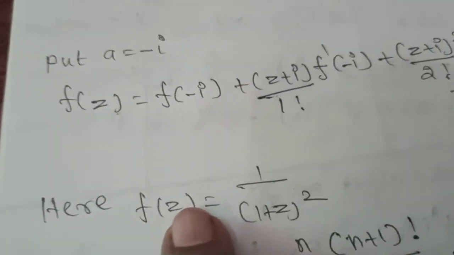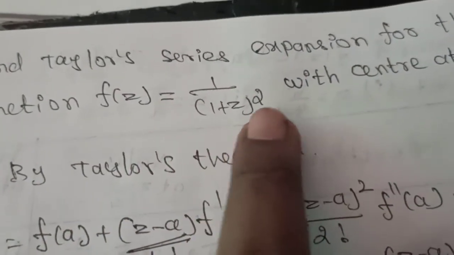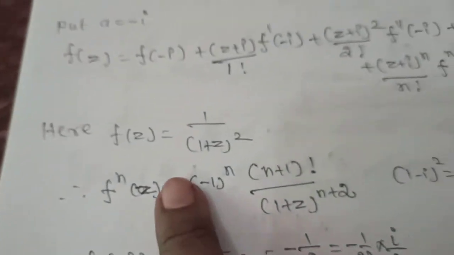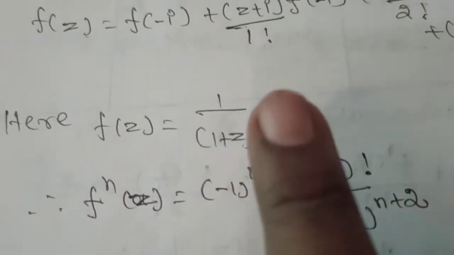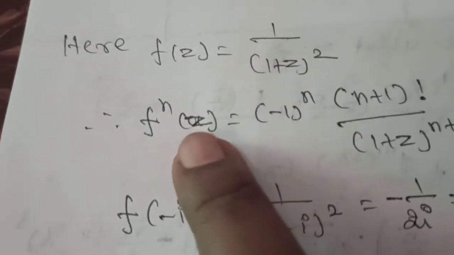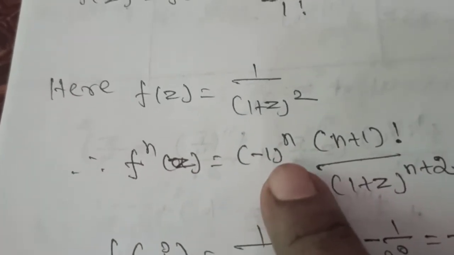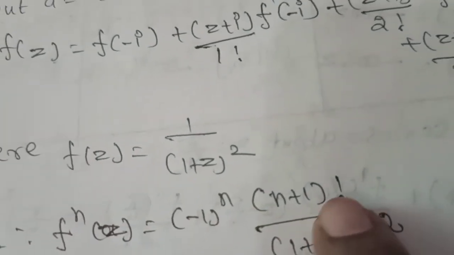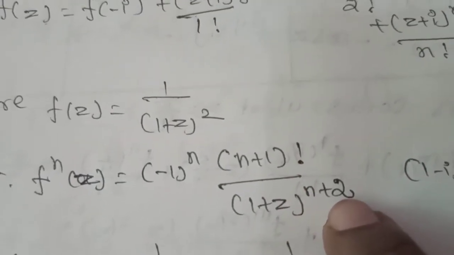Okay, so this equation we give the equation number 1. And next step, what is the f(z) given in the problem? You take f(z) equal to 1 divided by (1 + z)^2. In this case, we use the binomial expansion nth term formula: f^(n)(z) = (-1)^n (n + 1)! divided by (1 + z)^(n + 2).